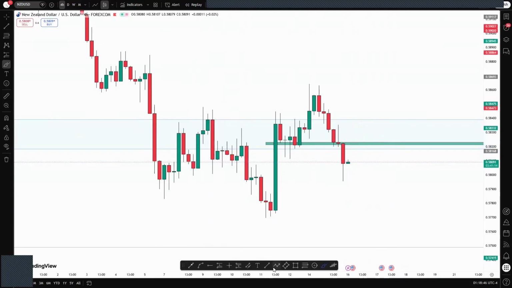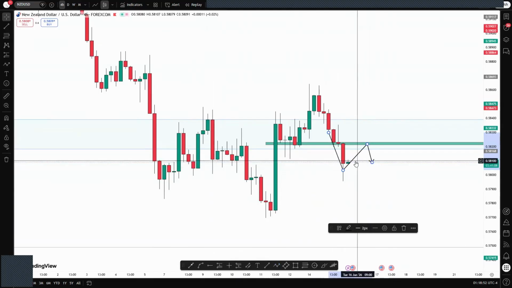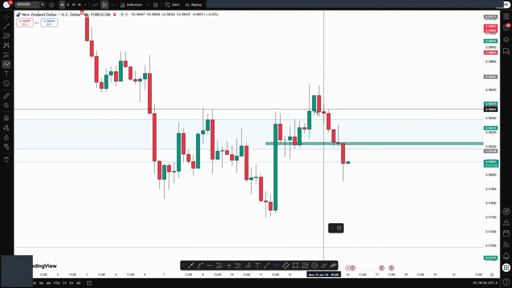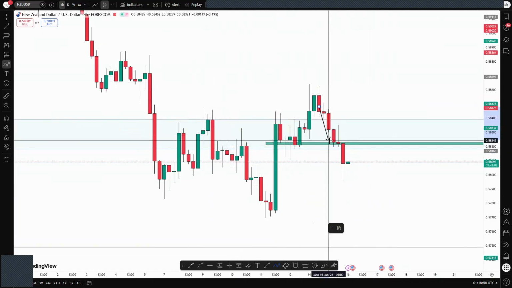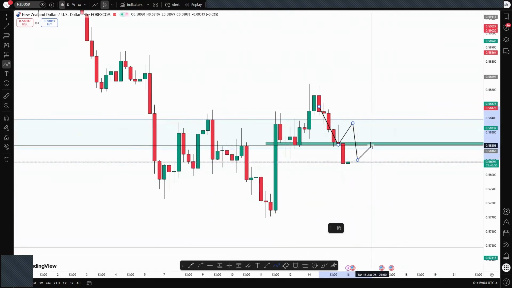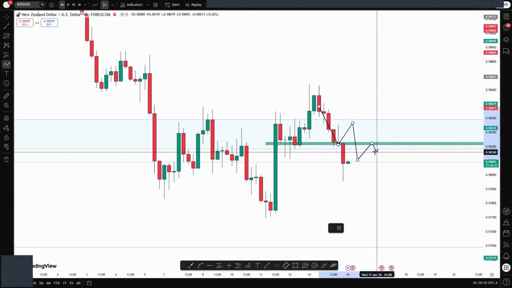In short, this is what I'm talking about. You see? So that when price retests this level, I can sell here, you see?